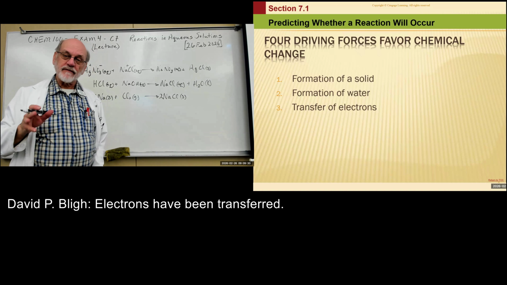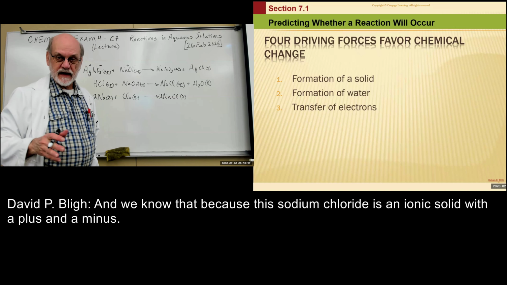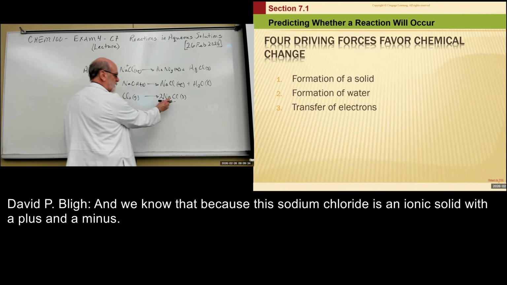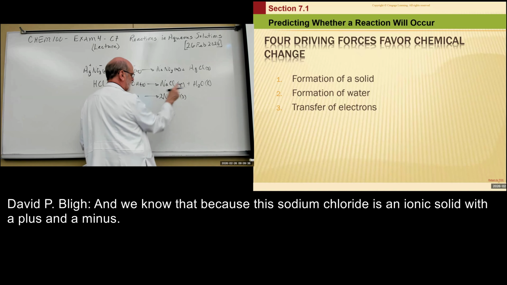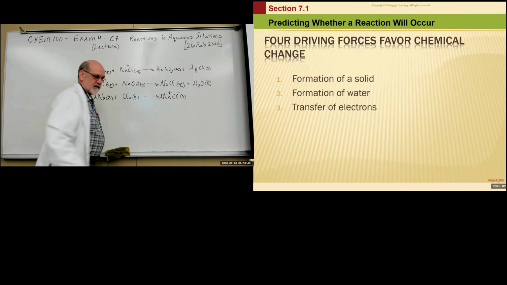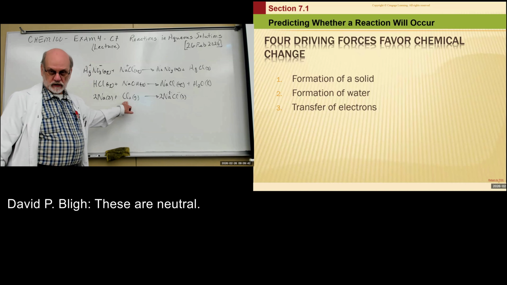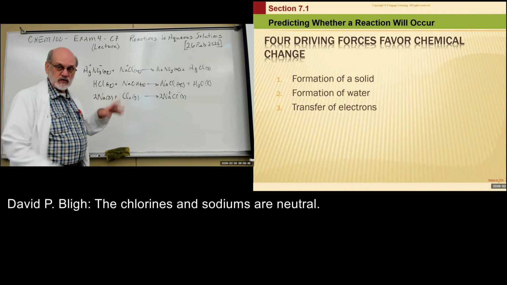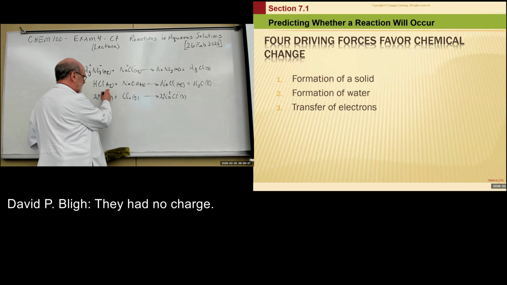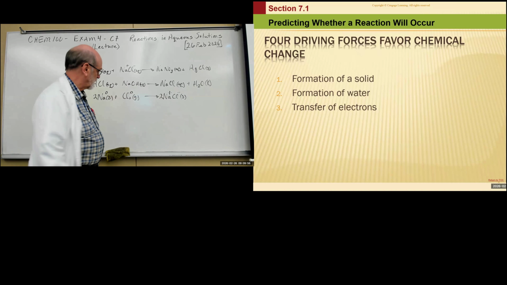Electrons have been transferred, and we know that because this sodium chloride is an ionic solid with a plus and a minus. The chlorines and the sodiums are neutral. They have no charge. So how did they get over here to a charged state? They had to transfer electrons from one to the other.